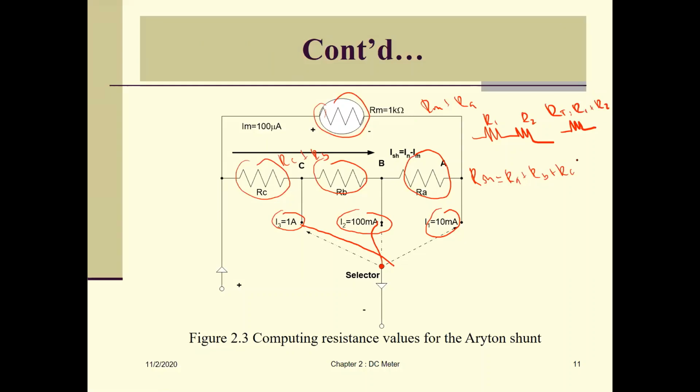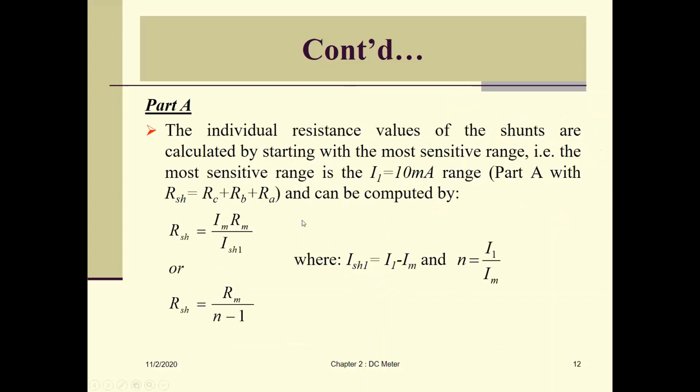But if connected in parallel, for example R1 and R2, you have to calculate it differently, using the product over the sum. But in series, just add, for example R1 plus R2.